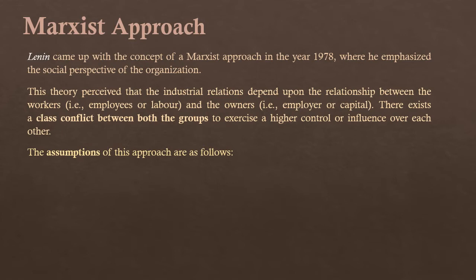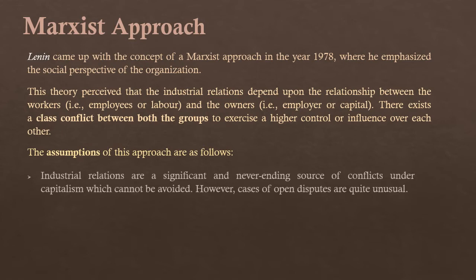There are some assumptions related to this Marxist approach. First assumption: industrial relations are a significant and never-ending source of conflict under capitalism, which cannot be avoided, where cases of open disputes are quite unusual.